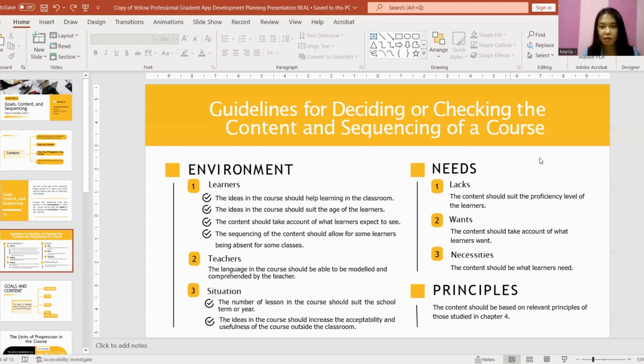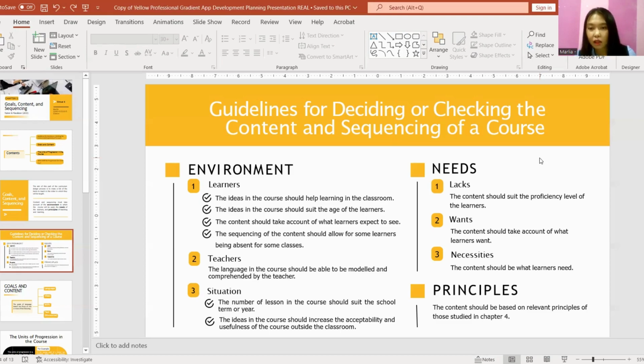The second aspect is needs. Actually, this part had been explained by the presenter in the previous meetings. Here, needs consist of lacks, wants, and necessities. In the first part of needs, that is lacks, the content should suit the proficiency level of the learners.